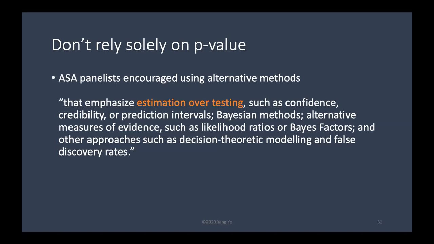If you're interested, you can look into Bayes factors, because Bayes factors can actually tell you how likely or how unlikely the null hypothesis is being true given the evidence at hand, right? Remember earlier, the p-value cannot tell you that, but Bayes factors can, using a value to indicate how strong your evidence is favoring the null hypothesis or the alternative hypothesis.